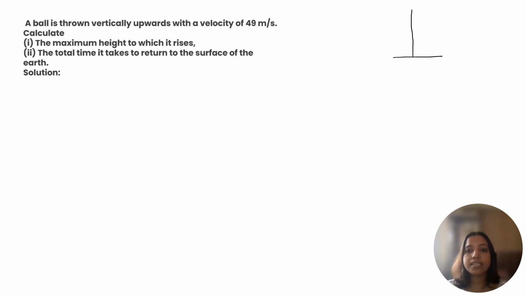Let's say the maximum height it reaches is capital H. And since the ball is going upward, the acceleration due to gravity would be minus g. So the given data: the initial velocity is 49 meters per second. When it reaches the maximum height, the final velocity is 0 meters per second.